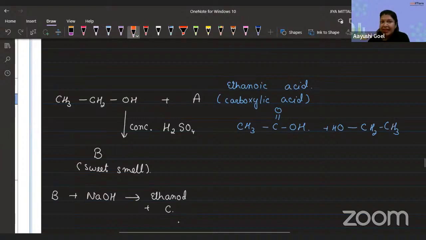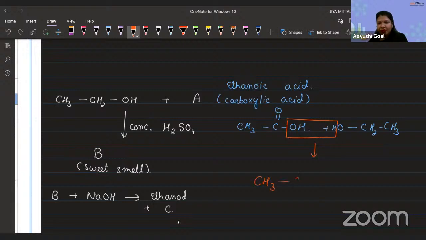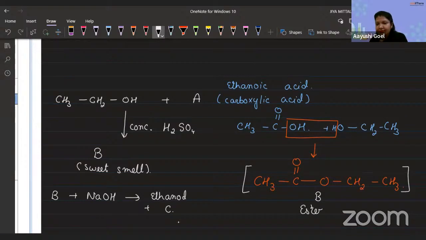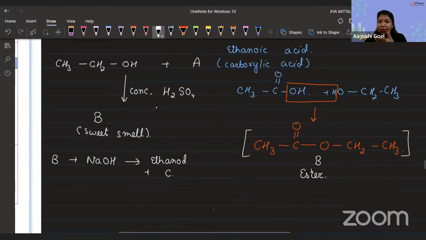Whenever there is an acid and there is an alcohol, remove water from this, like this, and add the remaining portion. So it will be CH3COOCH2CH3. And this will be your B. That will be the sweet smell. This is called ester. The fruity smell which you are getting from the fruit is because of the ester.